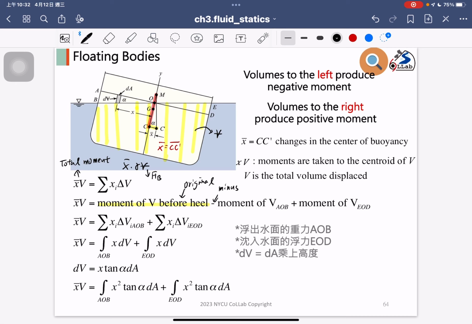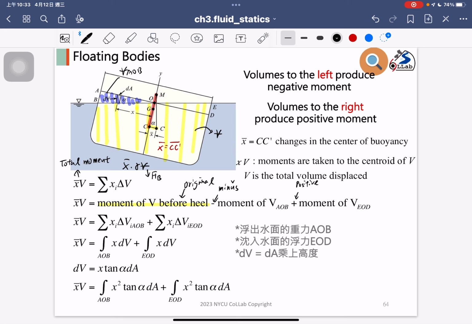Because that's caused by the volume change, the volume A or B. And as I mentioned, the volume to the left always produces the negative moment. So here I use the minus because the left volume produces the negative moment, and you see there is a positive.